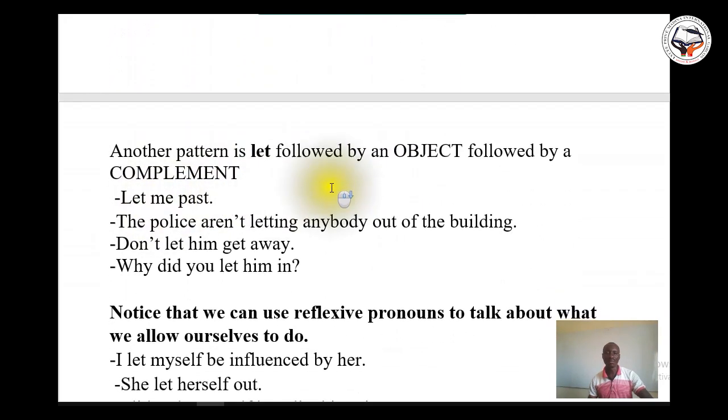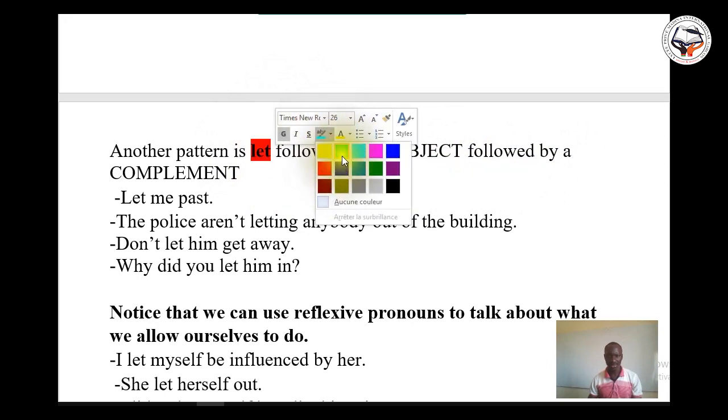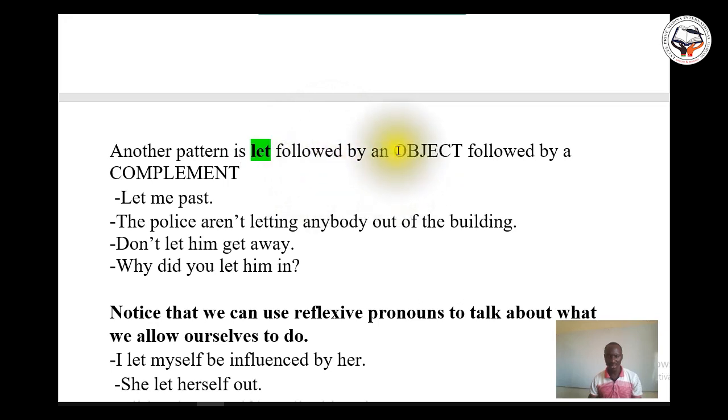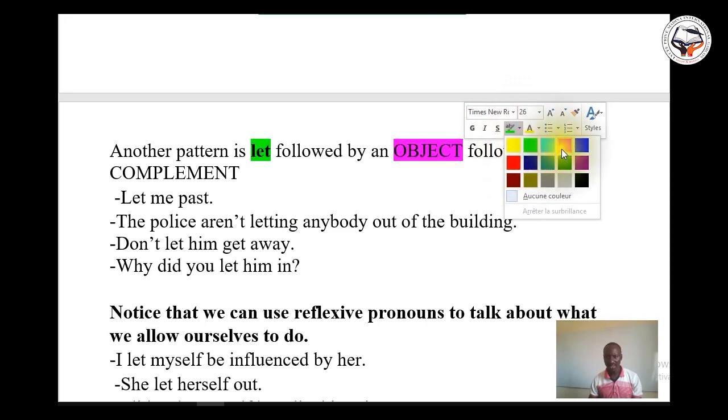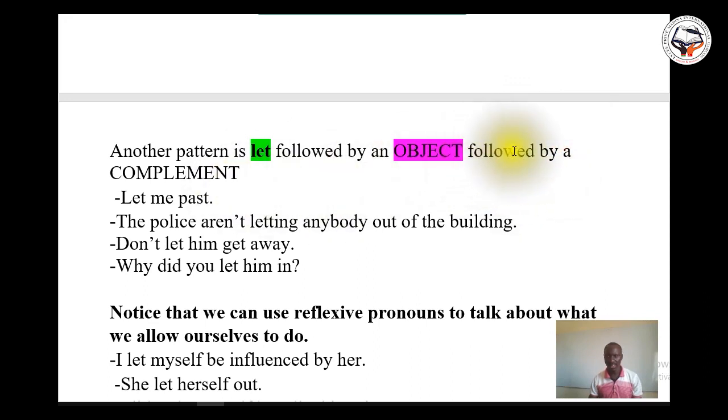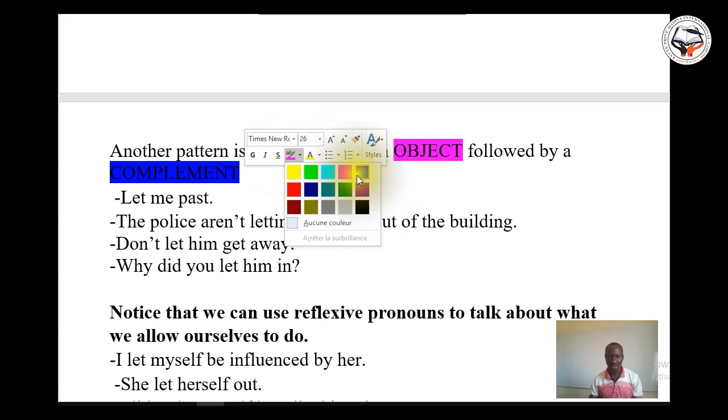Another pattern is let followed by an object followed by a complement. Let is in green, and the object will be in red, and the complement in another color.